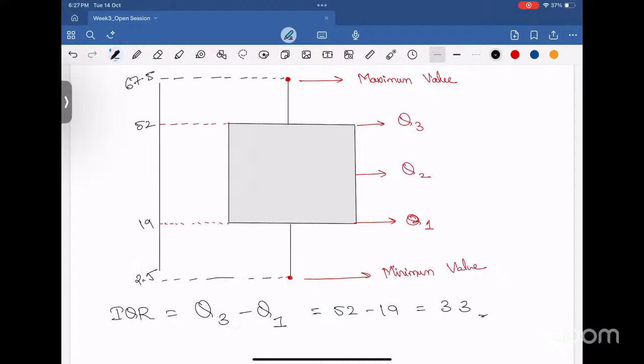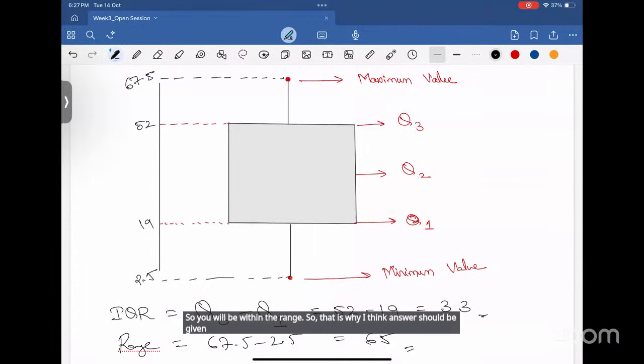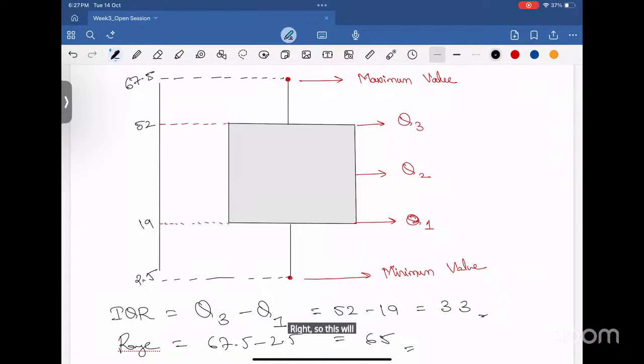So the range will be 67.5 minus 2.5, which is 65. Even if you take 68 and 2.5, or 67 and 3, you will be within the range. That is why the answer should be given in a range. So this is not exactly 65, it is approximately 65.